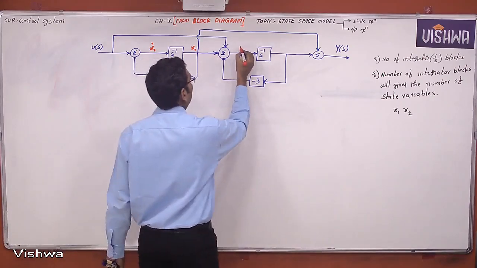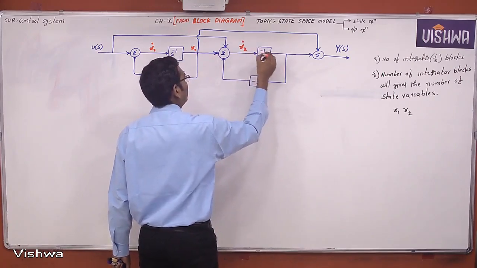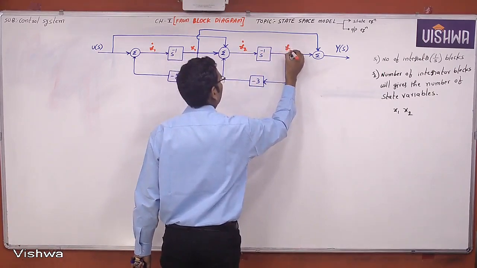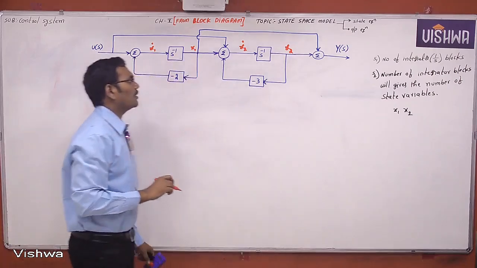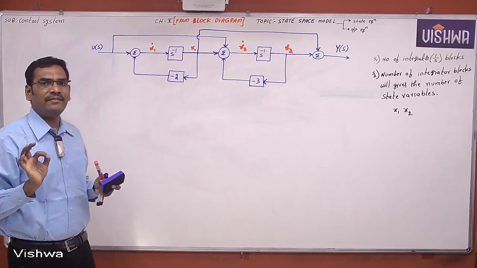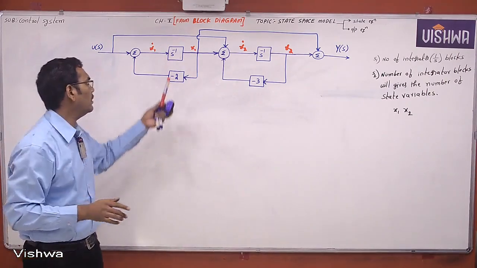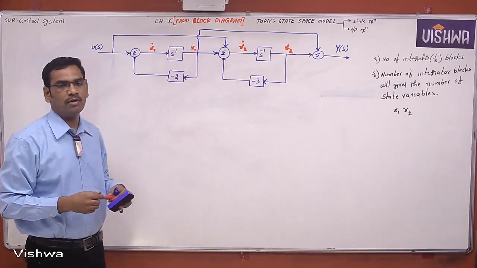Now this is x2 dot, and this integration cancels, therefore this is x2. So before the integrator block, keep the state variable in differential form such that differentiation and integration cancel and you get x1 and x2 at the output of the integrator block.